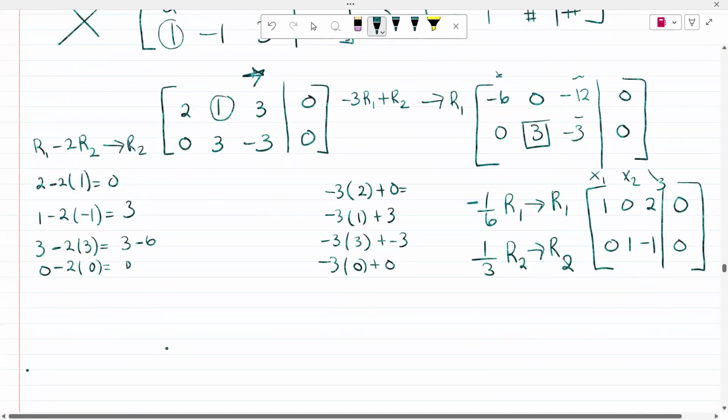So if you look at this second last row, it would be 1 x2 minus x3 equals 0, and then this would be 1 x1, and there's no x2 because it's 0, and then plus 2 x3 equals 0.